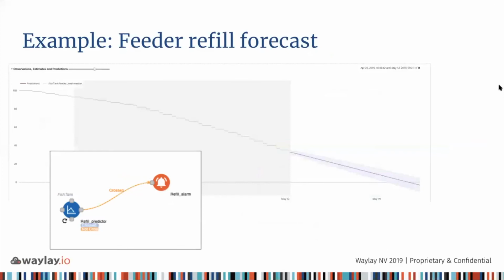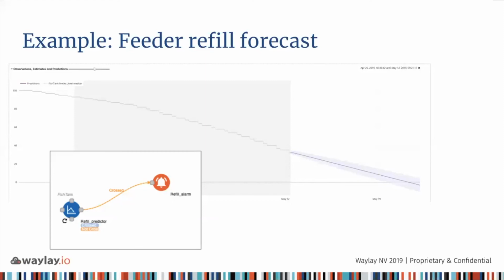Another example, which is more about time to target prediction, which is also supported by our platform, is the ability to do forecasting, where you basically create a model very similar to anomaly detection to model the behavior, for example, here of our automated feeder for our fish tank, where we see a gradual degradation of the feeder levels.